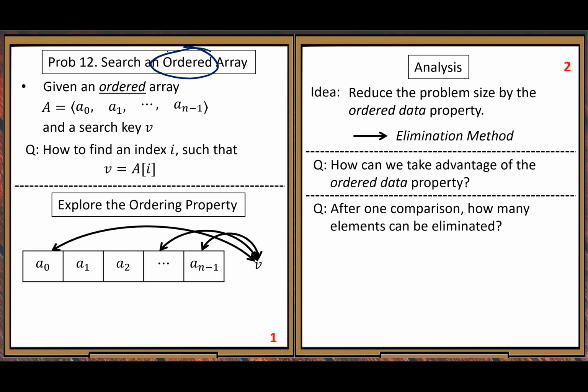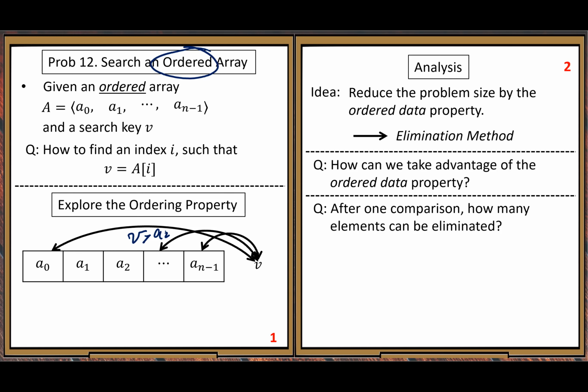For example, you compare with A2. Let us compare V and A2. If we know V is greater than A2, what kind of prediction can we make? That means V cannot appear in those elements smaller than A2.